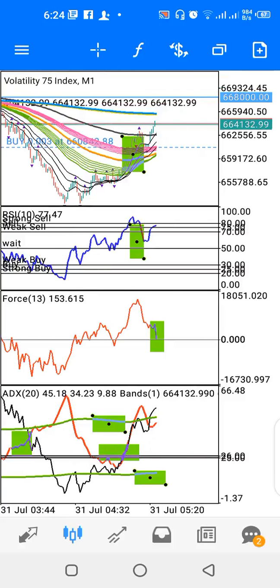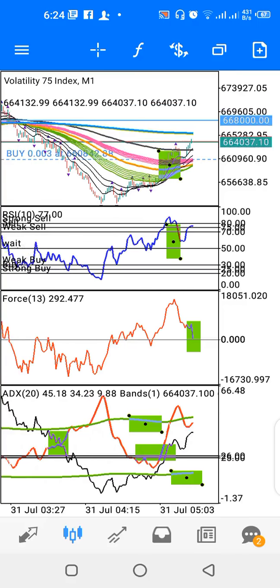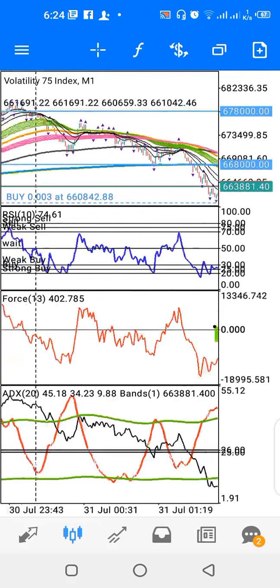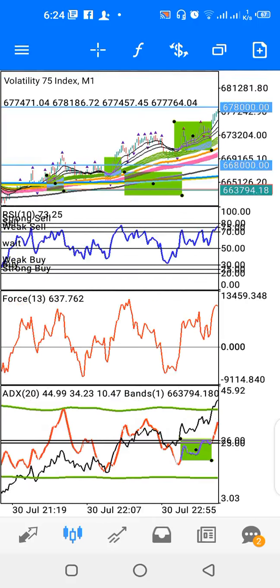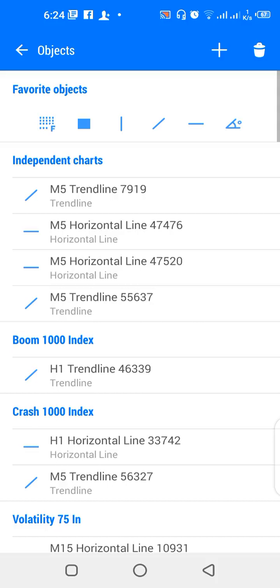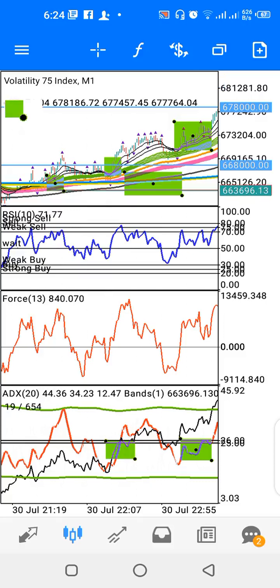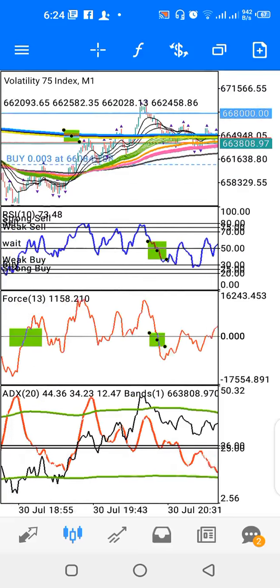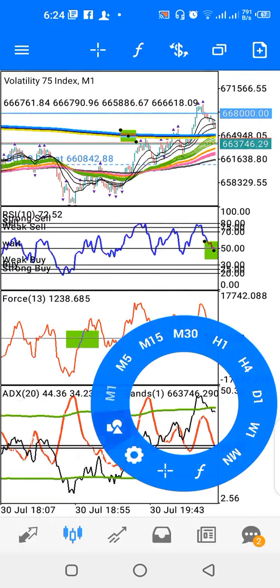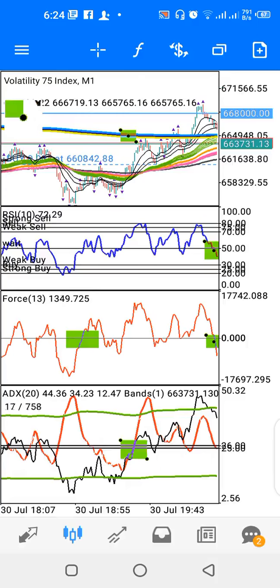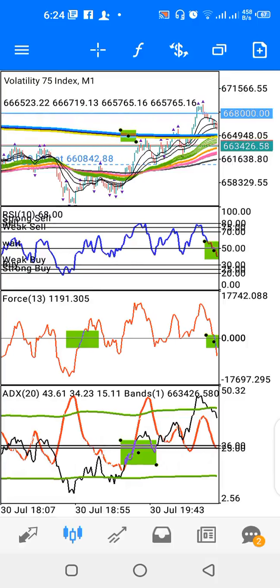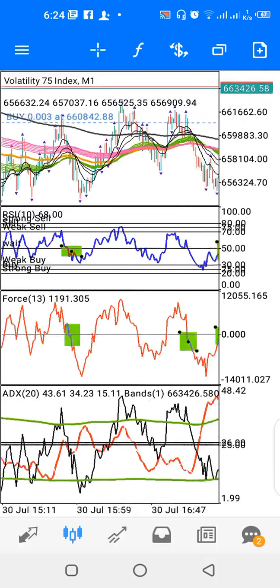This is your midpoint. That's where you place your buy position. You can see it crossing above the red line, and also at the midpoint of the envelope band. That's where you buy.